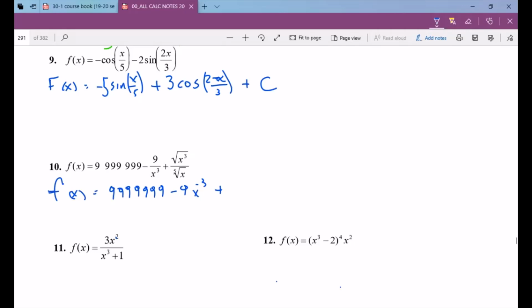That last term is x to the 3/2 over x to the 1/5, right? So we need to do 3/2 minus 1/5. Now 3/2 minus 1/5 is 15/10 minus 2 over 10.